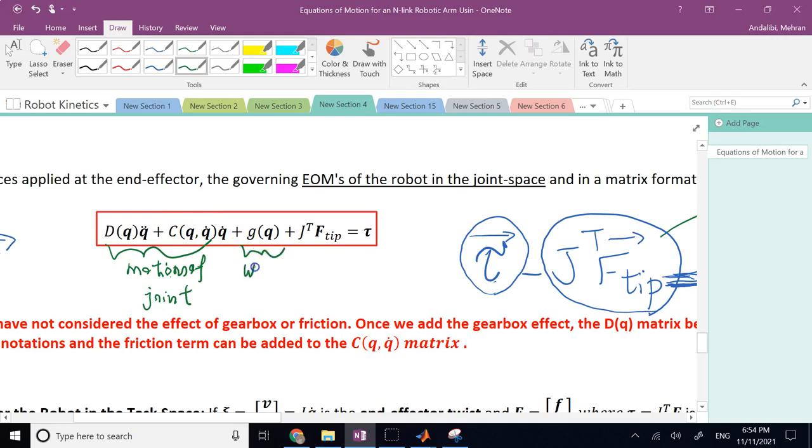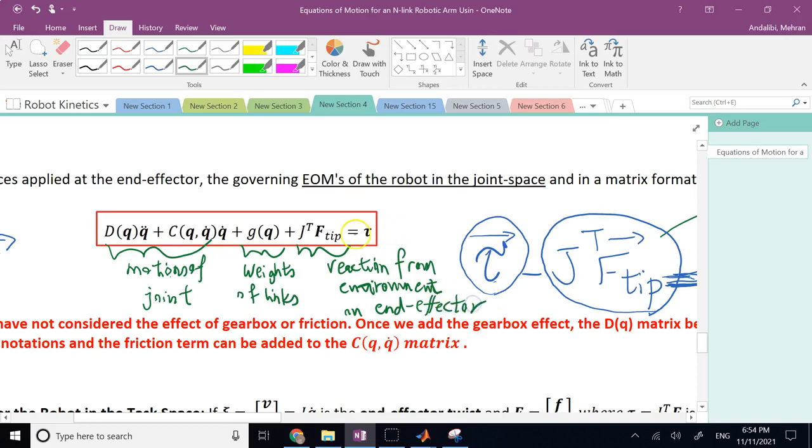This is for weights of links, and this is for reaction from environment on end effector.